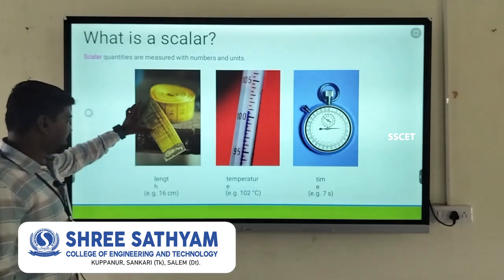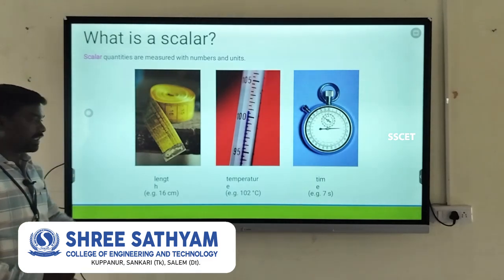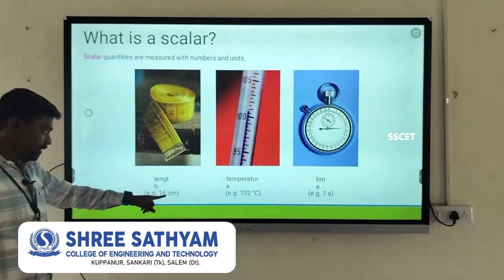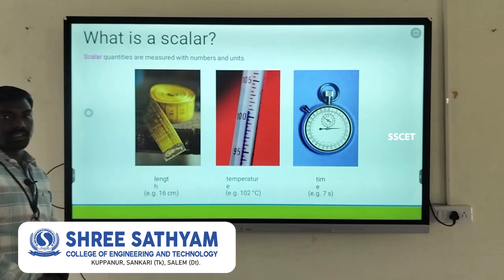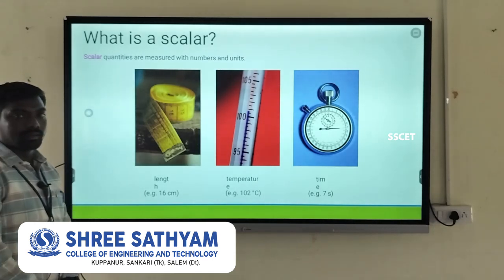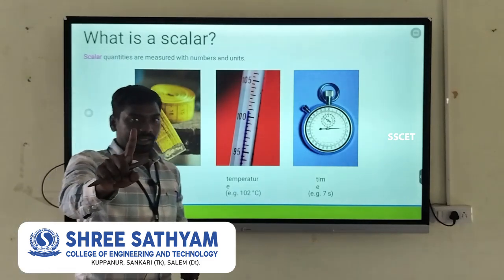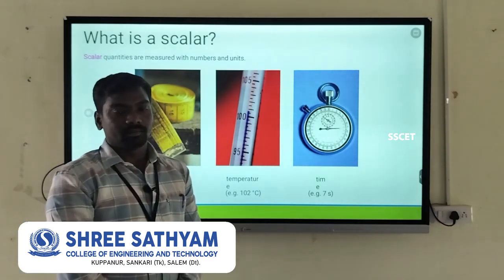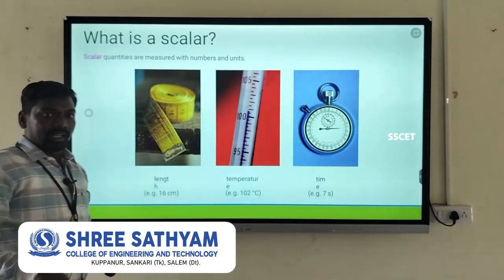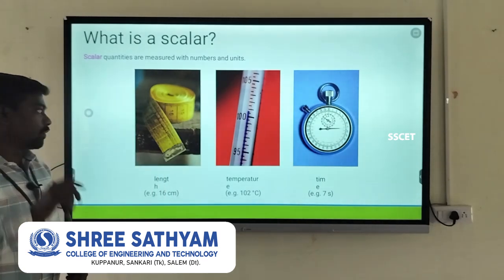See the first image, the example of length: 16 centimeters. This is called a scalar. It only considers one parameter. If you consider two parameters, that is called a vector quantity.